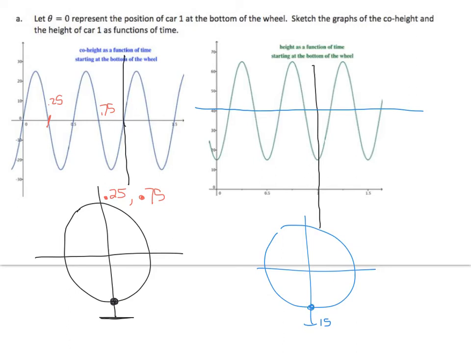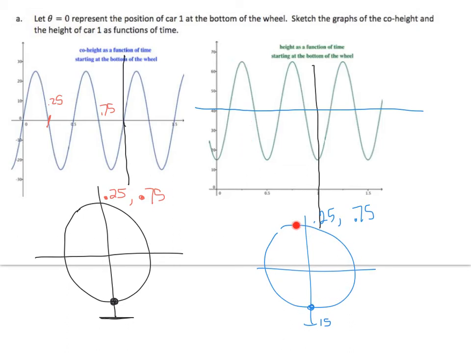So at time equals 0, we're at 15. At time equals half a minute, we're at the top. Not half a minute, a quarter of a minute. Did it again. So 0.25 minutes and 0.75 minutes. At 0.25 minutes we're at the top, which is right here.